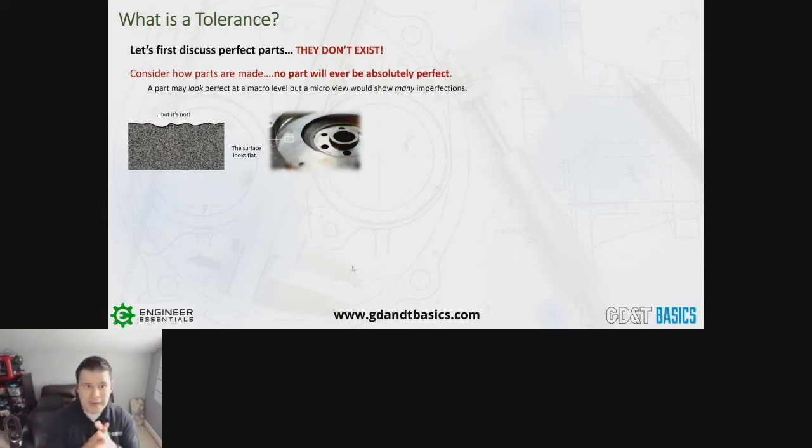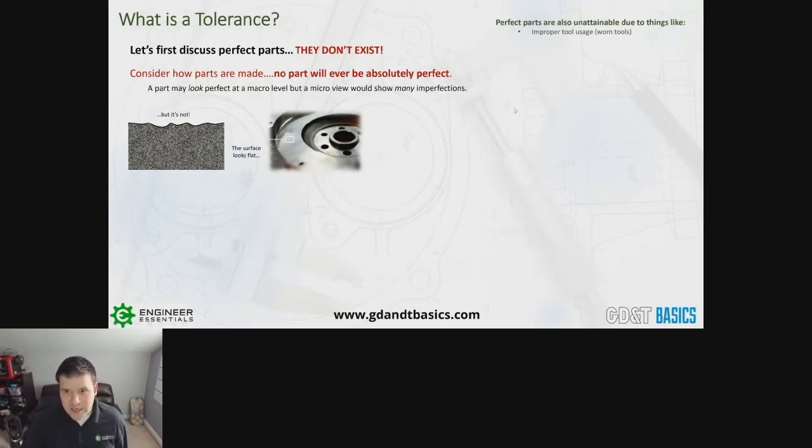And those of you in the high precision areas, biomed, high technology, automotive, aerospace, know that having variation along surfaces and things like that can make or break an entire system in your assembly. So perfect parts are also unattainable due to things like tool usage, right?